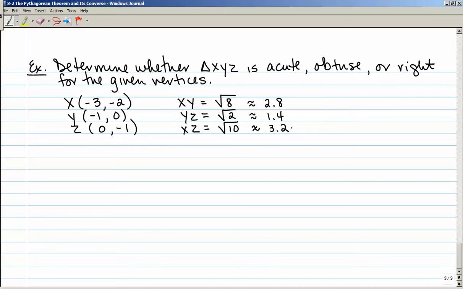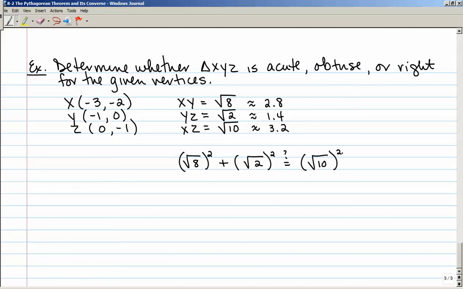Now, the reason I gave decimal approximations for these is just in case I ended up with anything strange, I wanted to make sure I knew which was the longest side and which were the two shorter sides. So in this case, it's pretty clear. So we need to ask ourselves, is the square root of 8 squared plus the square root of 2 squared equal to the square root of 10 squared?